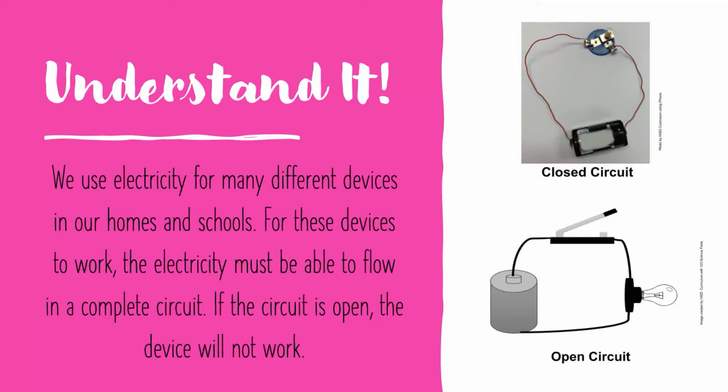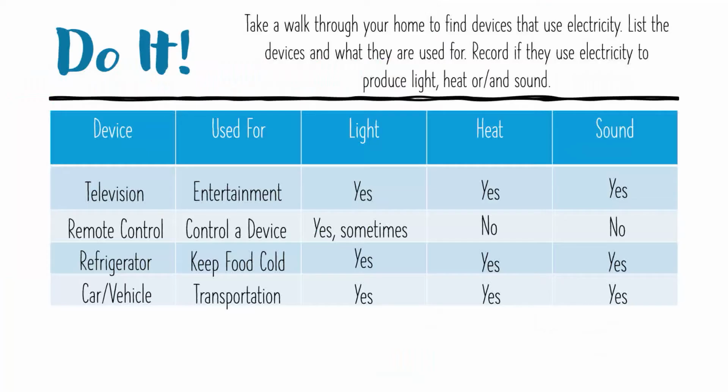okay? So, how are all of these objects able to produce electricity? Okay, so going back, because I didn't mention this, all of these devices have to have some type of electricity to function. My television is plugged in. My remote control uses batteries.